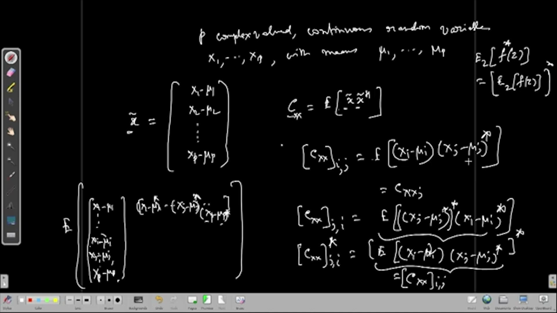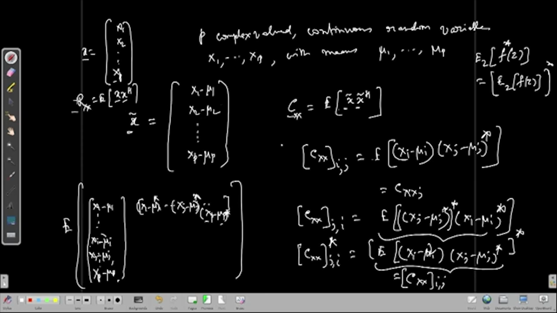Alright, so covariance matrices are Hermitian matrices, and in fact if the mean is 0, it will be just a vector x1 to xp and its Hermitian transpose, expected value of that, and that is called the correlation matrix. That is, if you just take x1, x2, xp, call it x, then this correlation matrix is the expected value of x x Hermitian, no subtraction of mean.